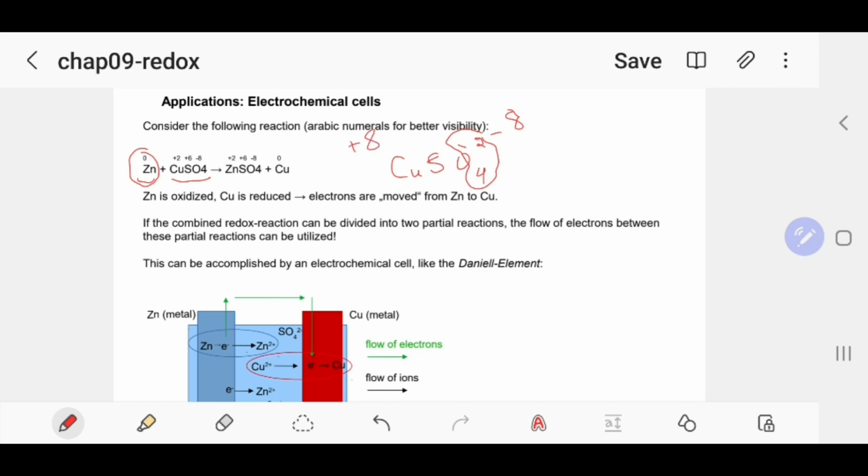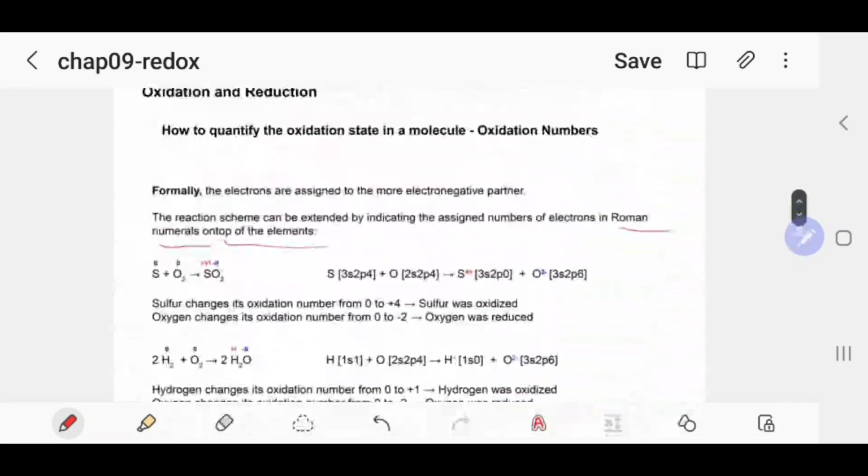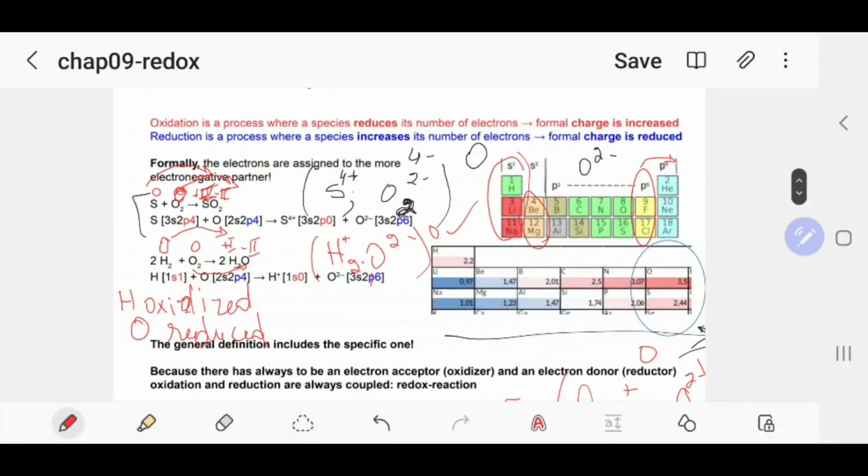Now for the sulfur, we see where in the periodic table it's located. So it's right here in the 6th group. So in order to have a saturated orbital, it can either gain 2 electrons, which is not the case because we already have 8 minus and we want to balance this out, and the copper cannot get 8 plus, for example. So definitely the sulfur here should become positive.